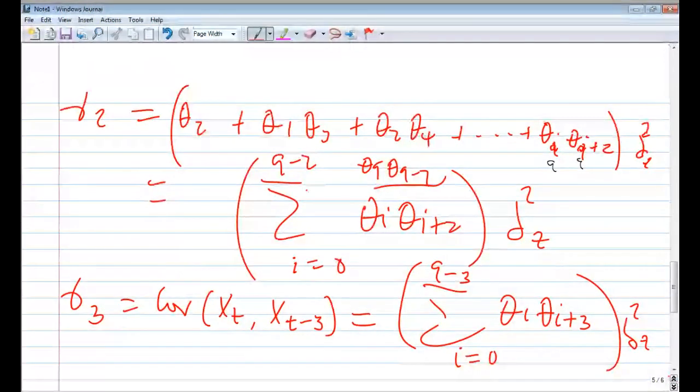It's just a matter of putting the letter i or Q, whatever you want to use. Can you follow the pattern from gamma 2 up to gamma 3? You can start. Yes, I'm listening.